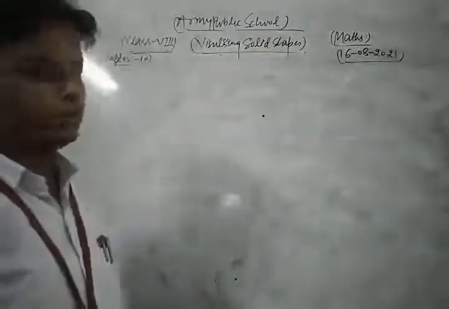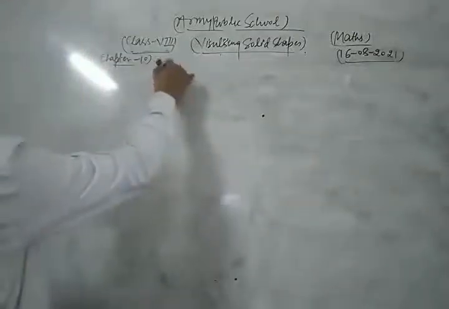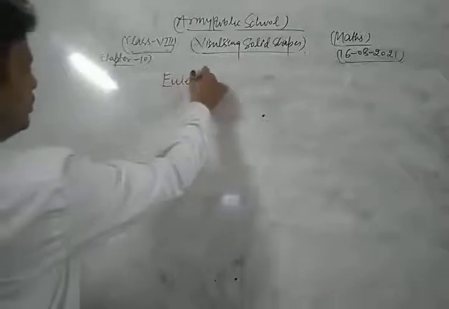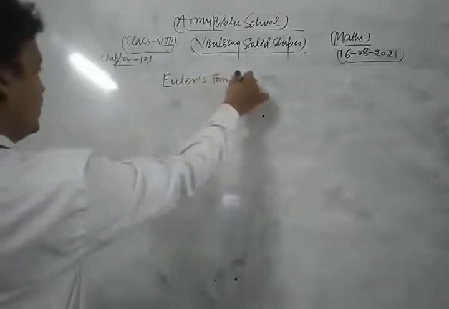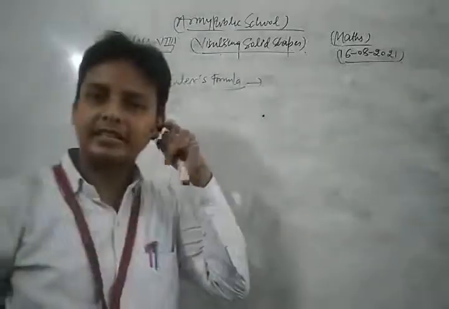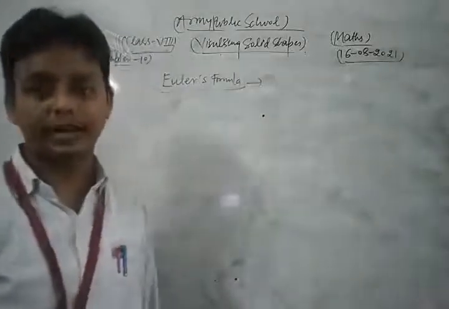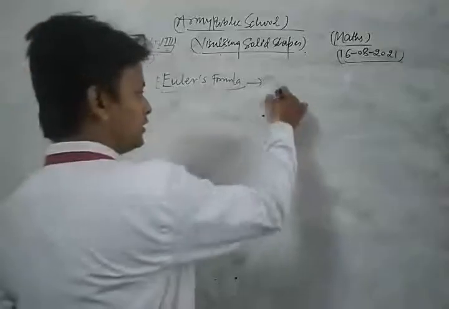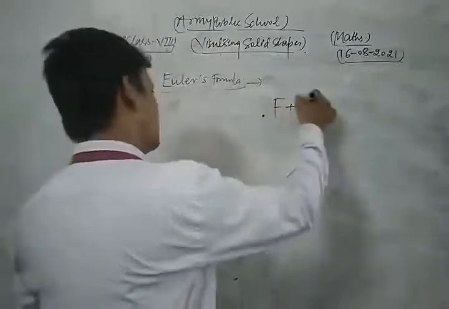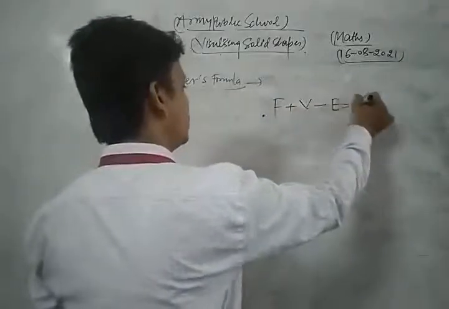Now we are going to discuss Euler's formula. Dear students, Euler's formula gives the relation between faces, vertices and edges of the shapes of solids, and this formula is very important, which is F plus V minus E is equal to 2.